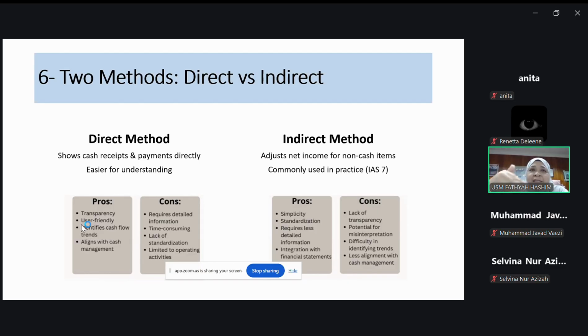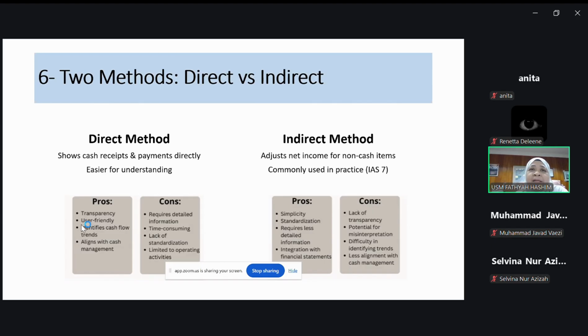Then we need to make adjustments or reconciliation, and the differences between the beginning and ending balances of the current assets and current liabilities actually contribute to the flow of the cash. Yeah. So the indirect method needs the information from at least two statements, the income statement, where we get the net profit, and we need to make an adjustment.